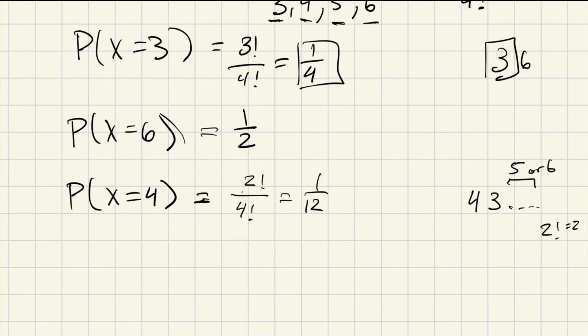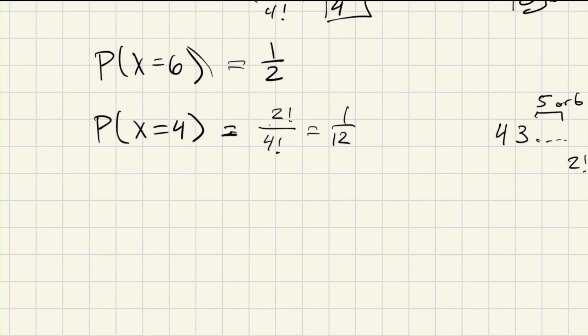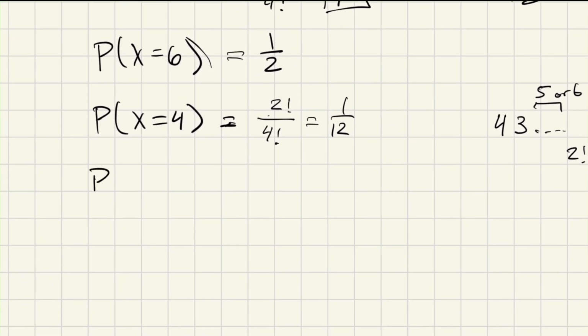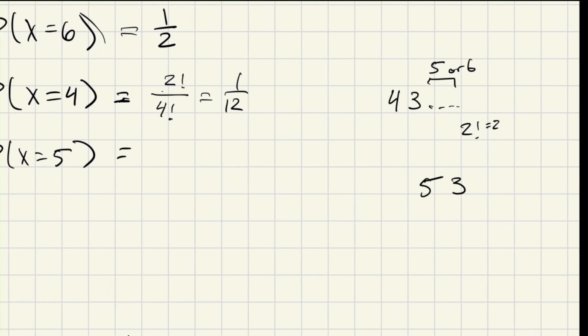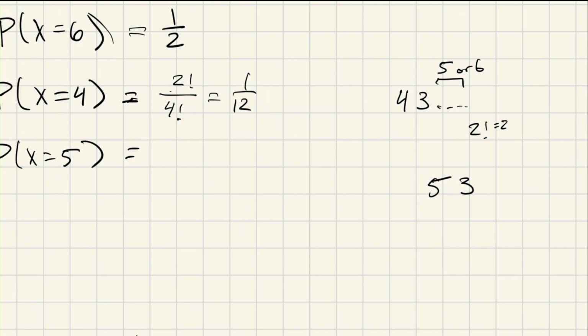Nice. Okay, we've done x equals 3, x equals 6, x equals 4. Let's do the probability of x equals 5. How can that happen? Well, first of all, I clearly need a 5 to come before the 3. And I also need 6 to come at the end. This means I only need to consider where the 4 is going.